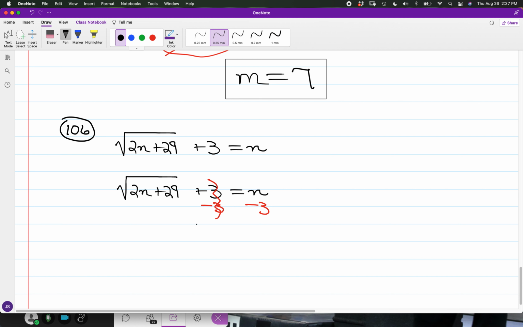So if I look at isolating the radical, in this case subtracting 3 on both sides, I have the square root of 2n plus 29 is equal to n minus 3.